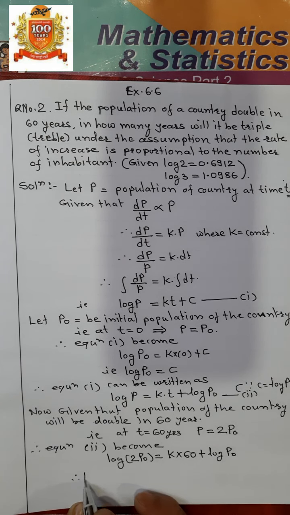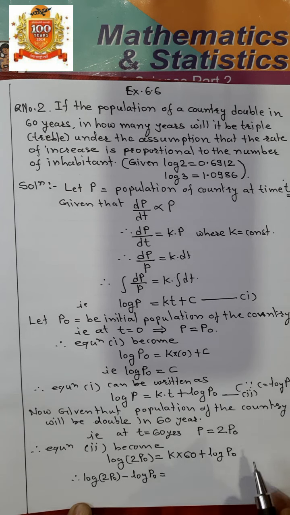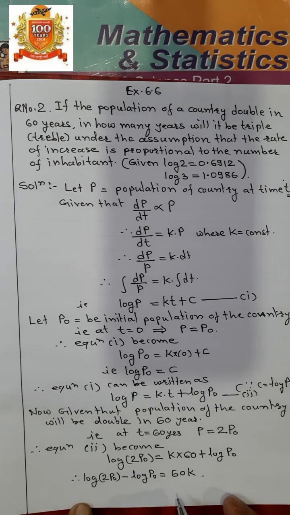Therefore, log of 2P0 minus log of P0 is equal to 60k, isn't it?